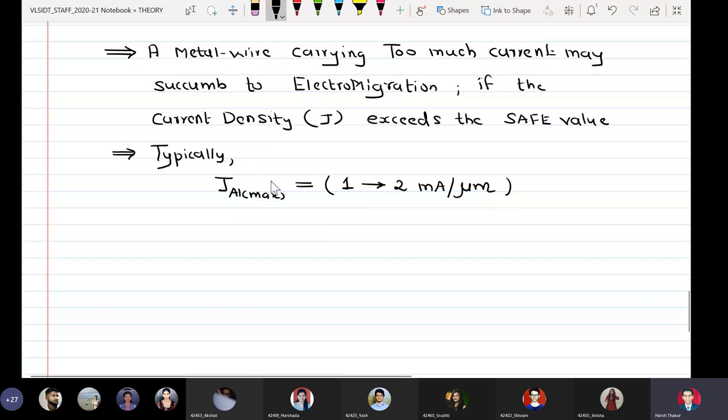Okay, right. So it is basically the current per unit width. Okay, so current density is defined as current upon the width of the wire.